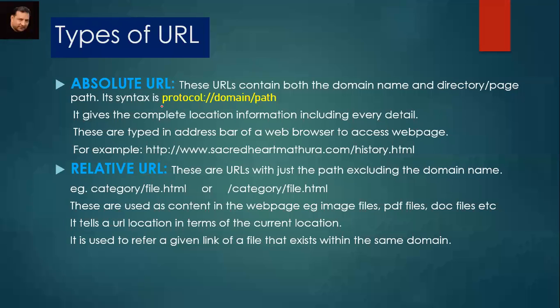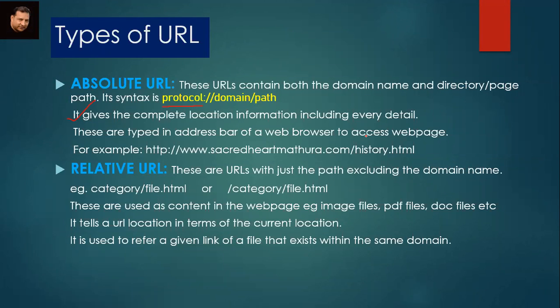Its syntax is protocol, colon, then slash, then we have domain name, slash, path. So it gives the complete location information including every detail. These are typed in the address bar of a web browser to access a web page.